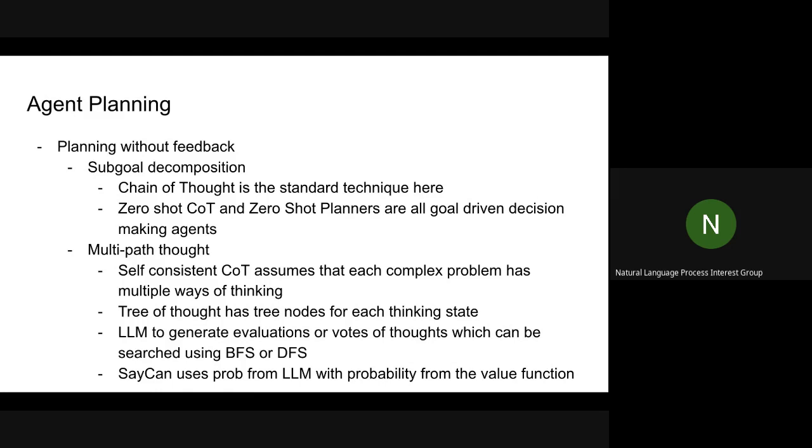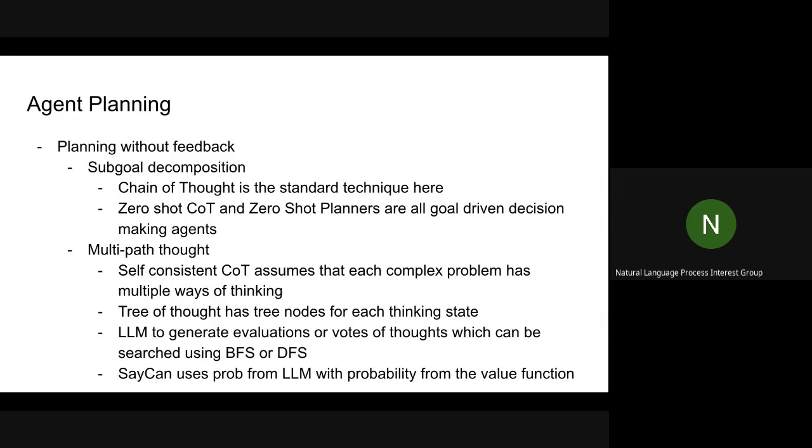And then lastly, SayCan. So SayCan, we had someone present on this a while ago from the robotics reading group. It uses a probability from an LLM along with the value function from the policy trajectory that the robot is using. So it's combining both of those things.